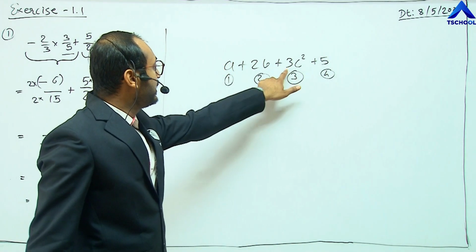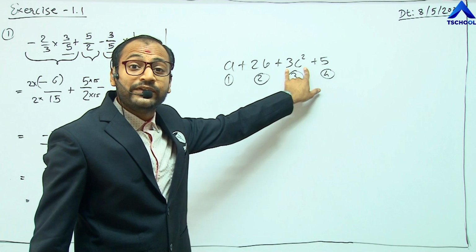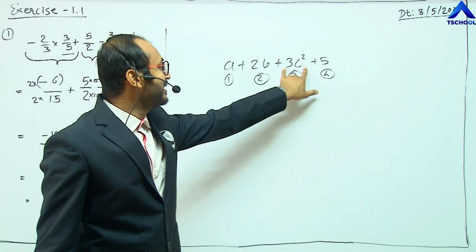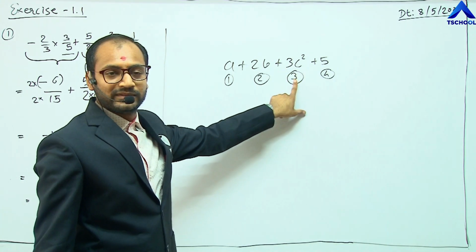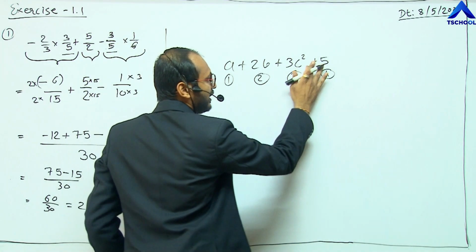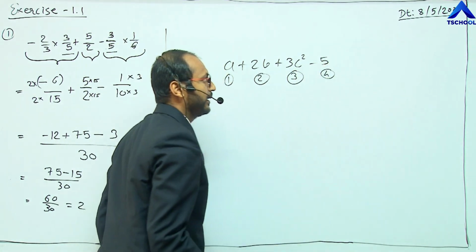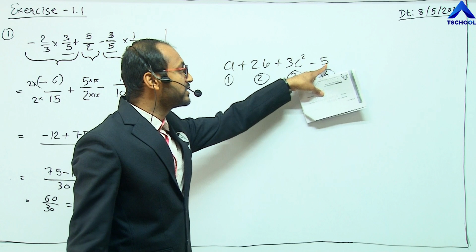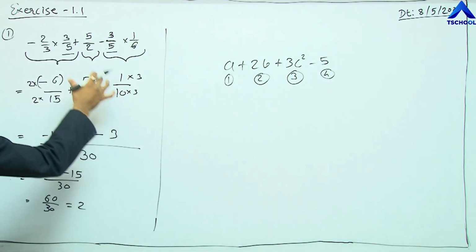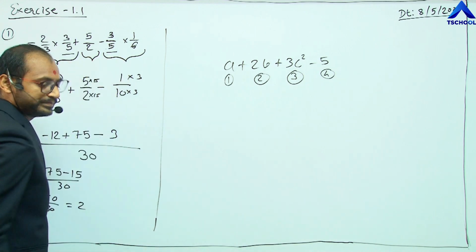But 3 and c are not different terms. Clear? So this is a combined term, and the terms are separated by addition as well as by subtraction also. If I place a minus here, then this is also a separate term. So here three terms are there.